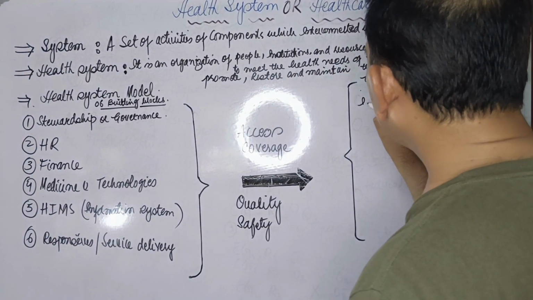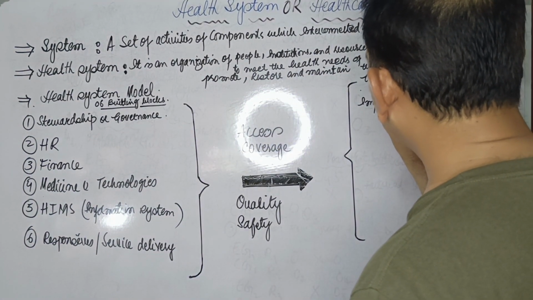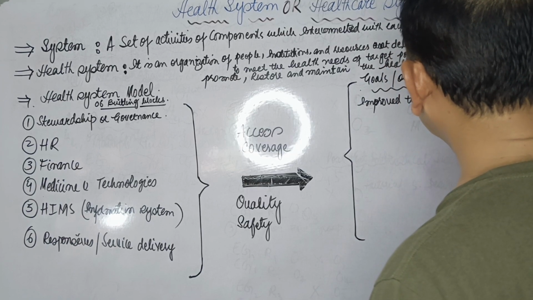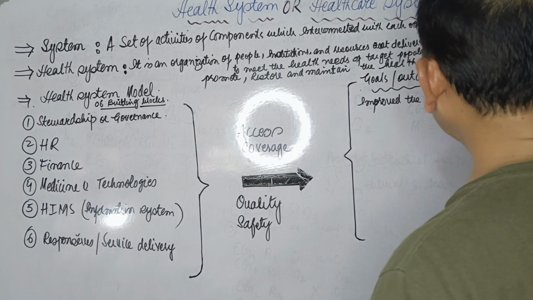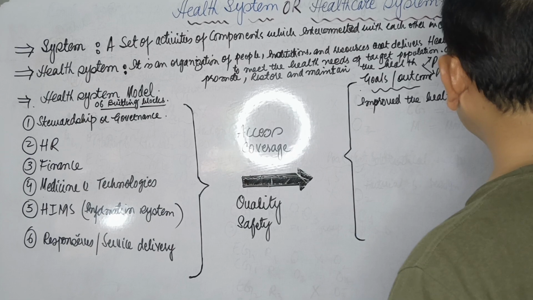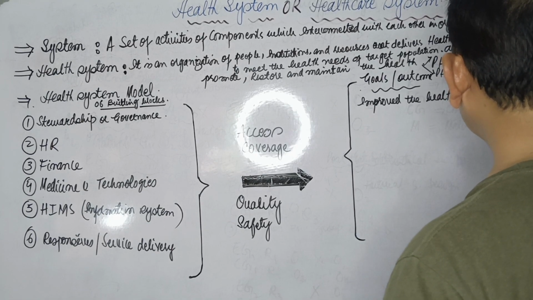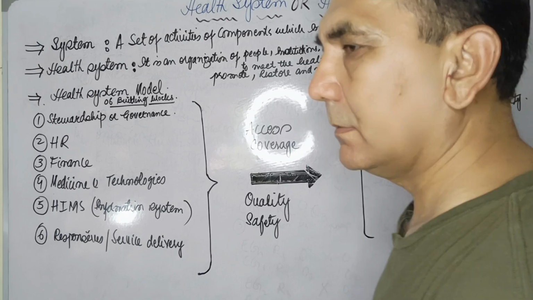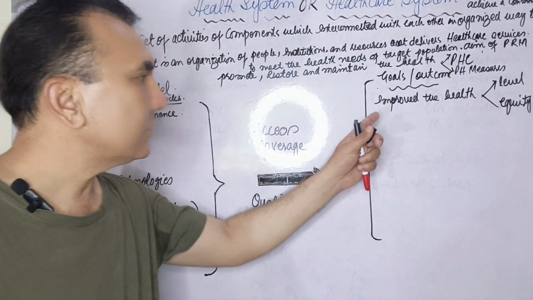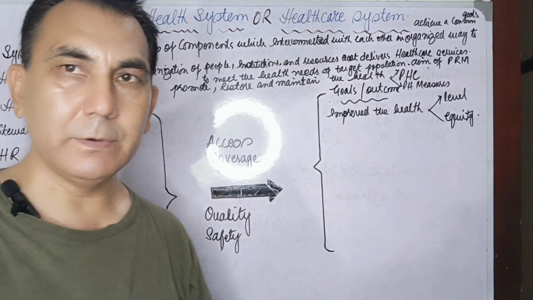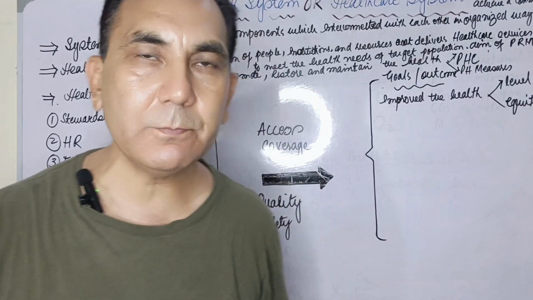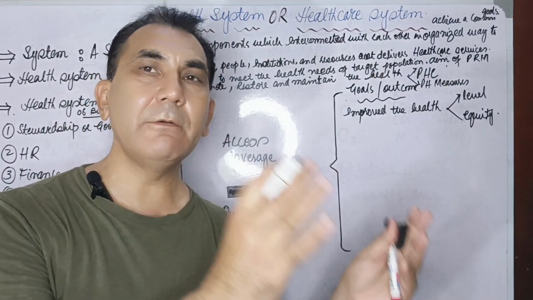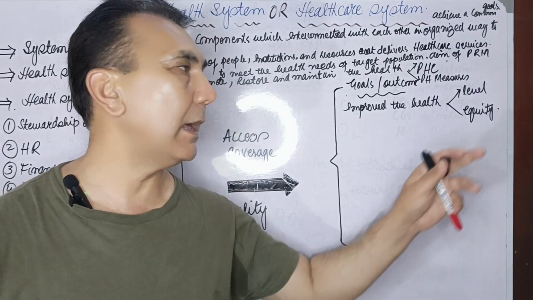The first one is improved health. How can it improve health? By level and equity. It will improve the health of the target population at every level, and provide equity according to need.